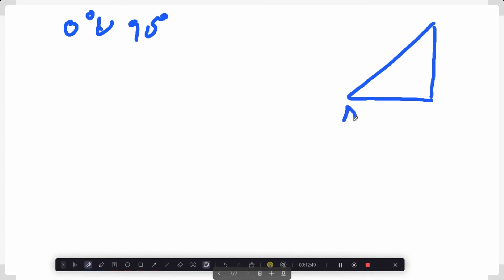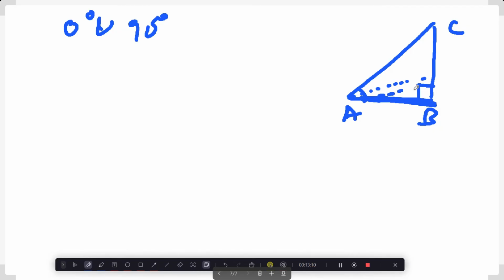I'll come to that in a minute. We'll do first 0 degrees and 90 degrees, and then we'll come to that. Now, supposing this is this, right? When this angle becomes, we keep reducing it till it collapses with this, it becomes a straight line.